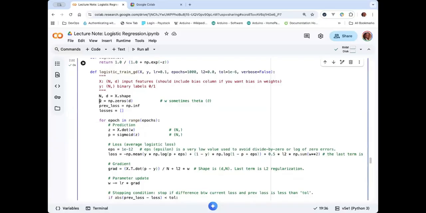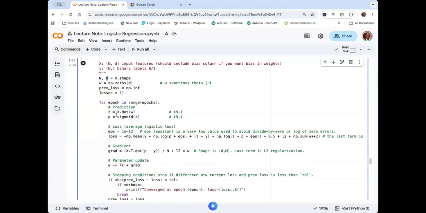Because I had already initialized w to be zeros. And zeros should have the same number of elements as the number of features. D is the number of features, which is the number of X independent variables plus 1, because we want to add an extra 1 for the biases.